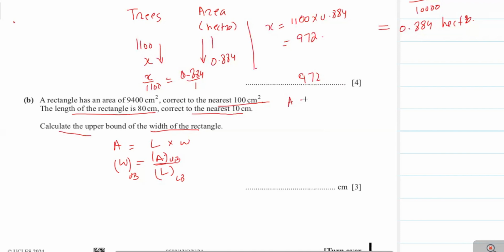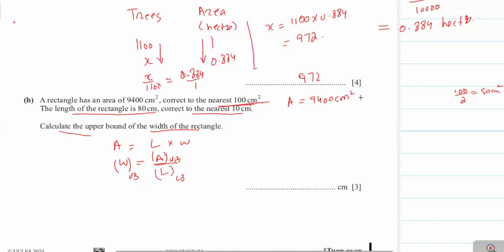Here the area given is 9400 centimeter square. The accuracy of this area is 100 centimeter square. Therefore, the error will be equal to half of this value, 100/2, which is 50 centimeter square.